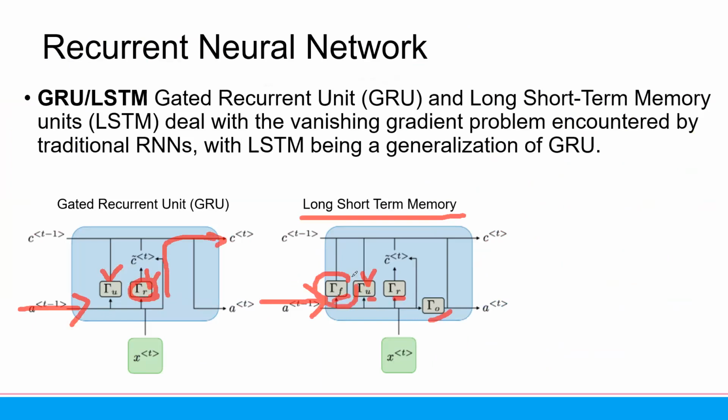If some information is not important, let's forget it. After we forget the previous information, we will update. After we update, we will find what is relevant to this architecture, and it will be combined into one output for the next input. For every layer, there might be some mechanism with this gate.